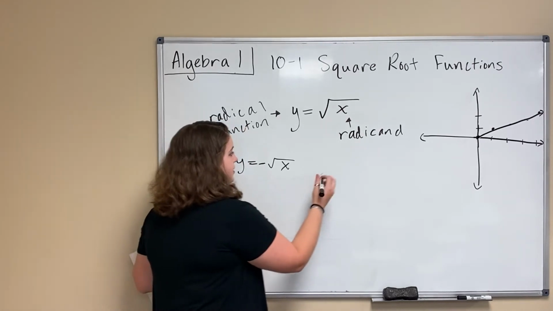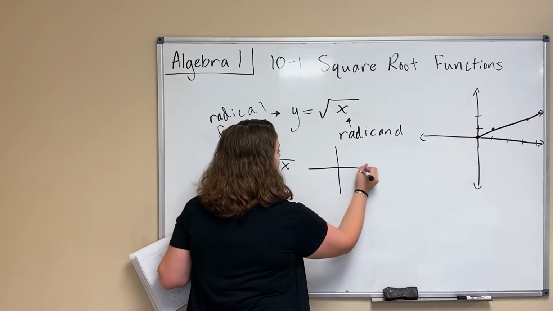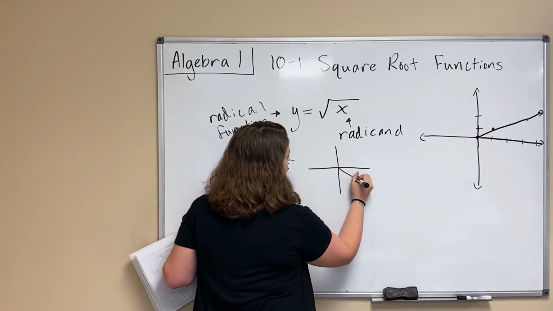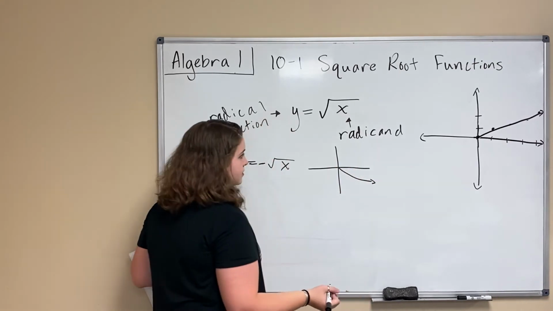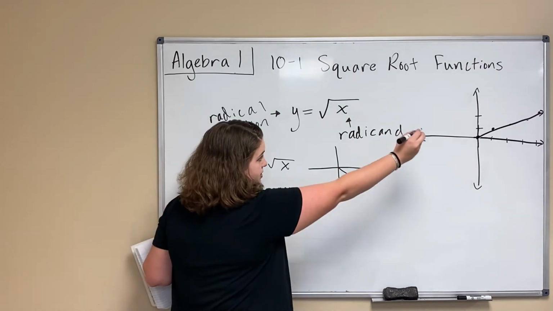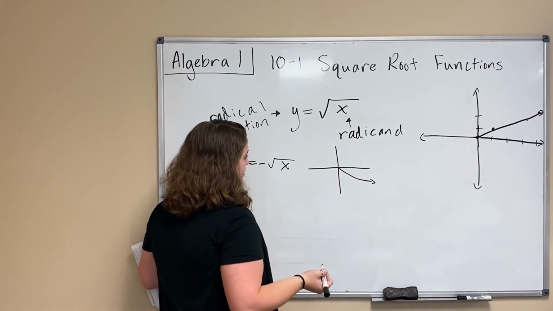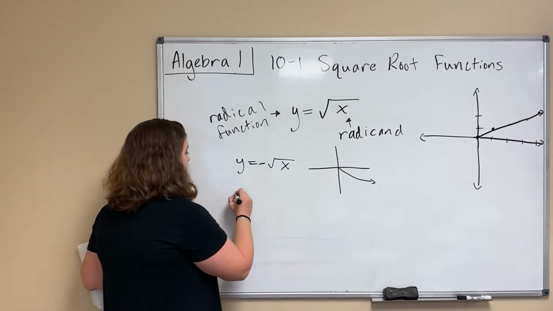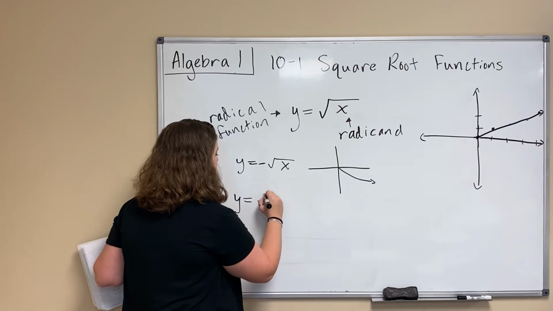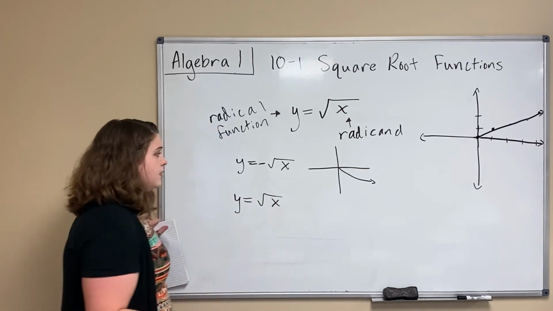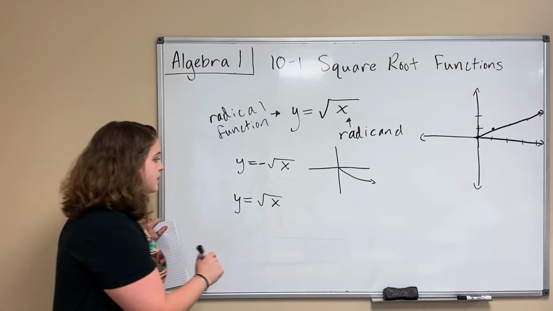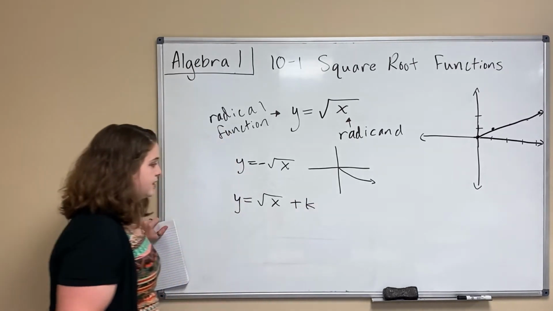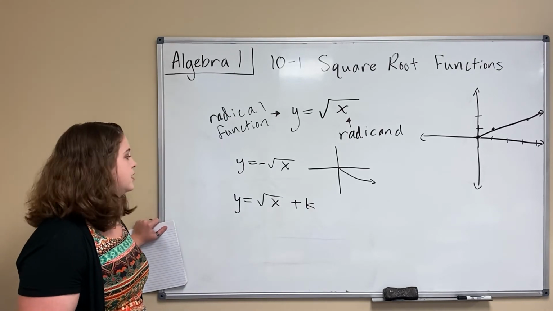So if I have a negative here, our graph, instead of looking like that, like it did before, it's going to come down like this. See, so positive over there, negative over here. That's if we have a negative in front. Again, starting from square root of x, if instead of multiplying by something, I just add a k to the outside, any number, the k just stands for any number.